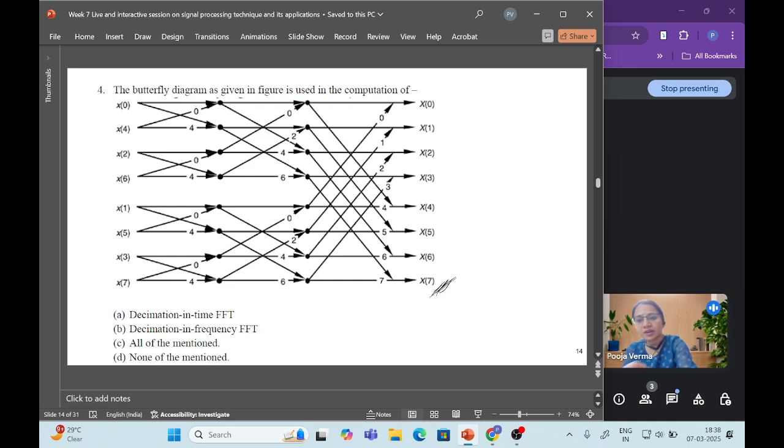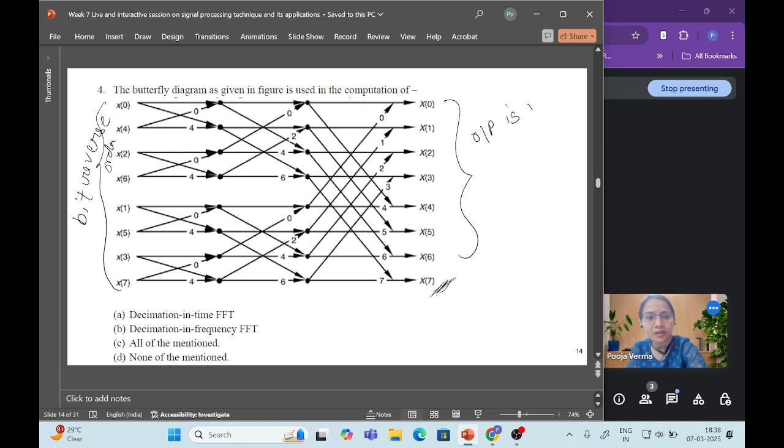So already from here we can see that the input is in bit reverse order and output is in sequence. Okay, 0, 1, 2, 3.